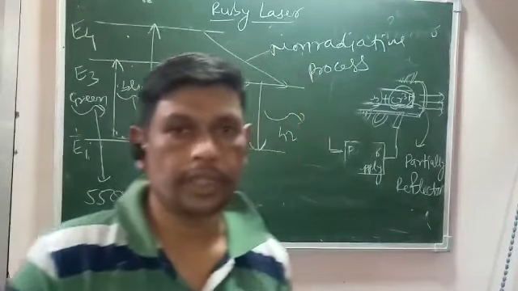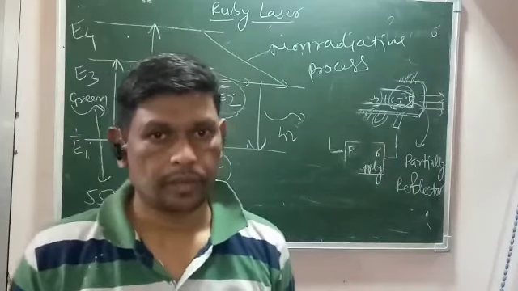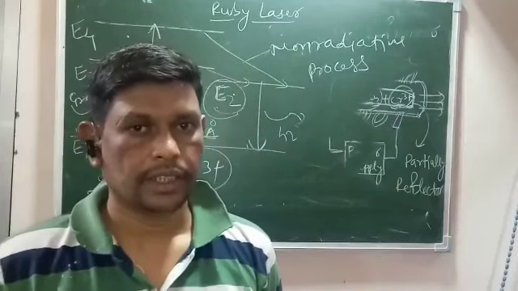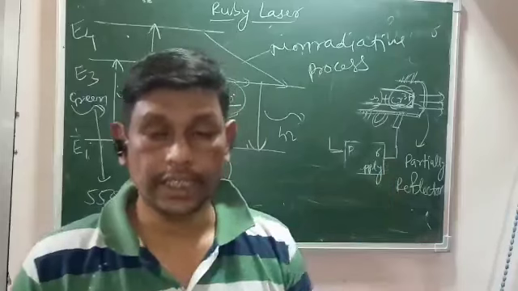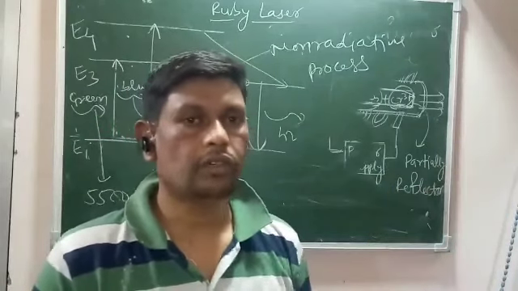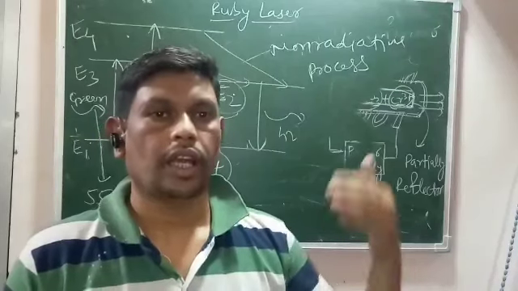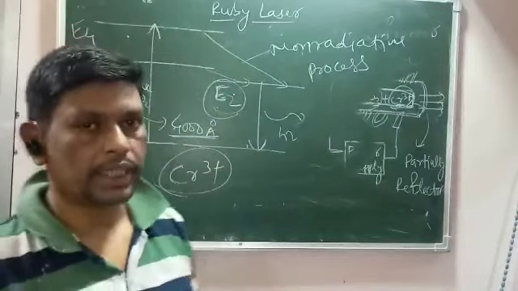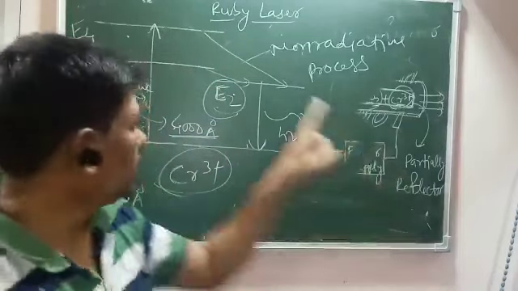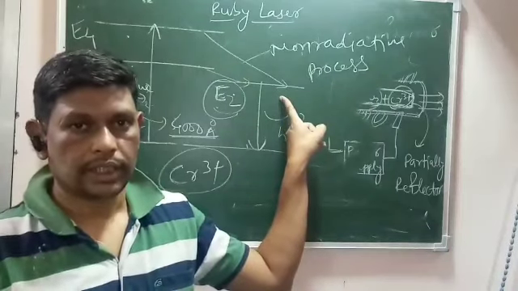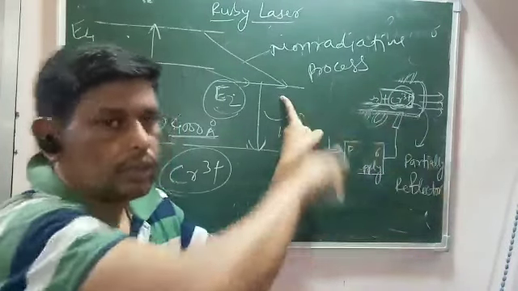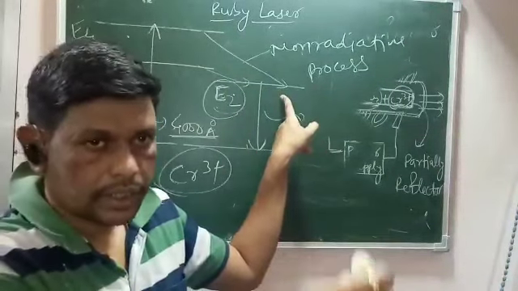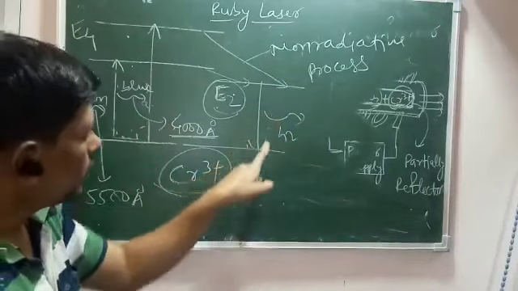The condition of stimulated emission was discussed in the previous lecture: the induced particle is similar to the excited state particle in respect of frequency, phase and direction of polarization. So the spontaneously emitted particle is equivalent to the E2 particles, and it stimulates the E2 particles.